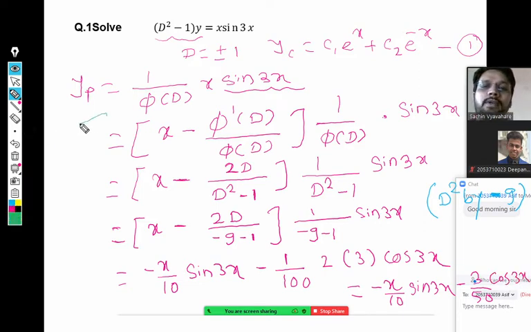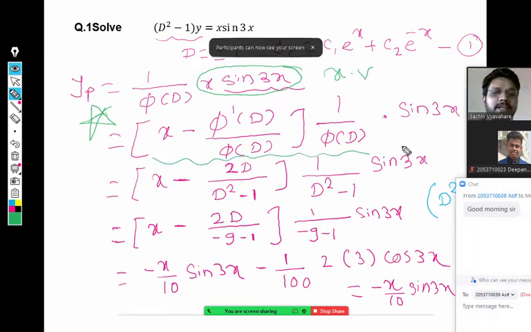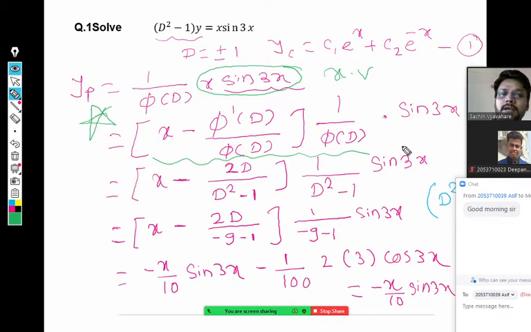To handle the case x into v, we are using this formula. This formula you have to remember. So minus x by 10 sine 3x minus 3 by 50 cos 3x is yp only, and yc plus yp will be the general solution or complete solution.